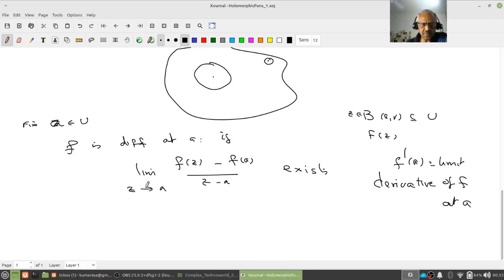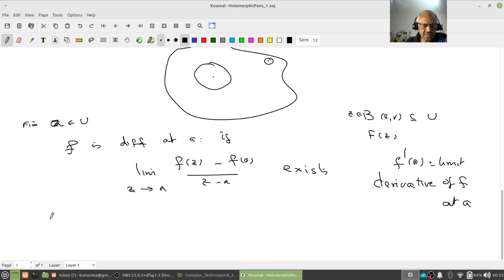Just to recall the limit, I had already done it from metric space to metric space in my first session on functions from R to C, so I don't have to spend time again and again. You ought to learn these things. There is no point in repeating the same thing here. So this is the definition, and there is no difference. Exactly as in real analysis, or for functions from R to C, it's exactly the same definition.